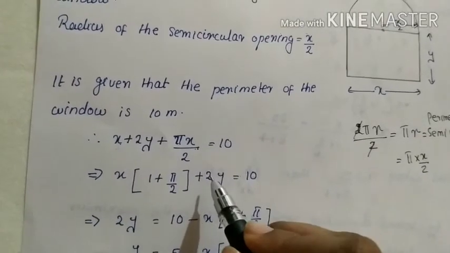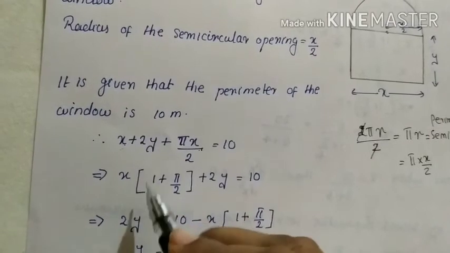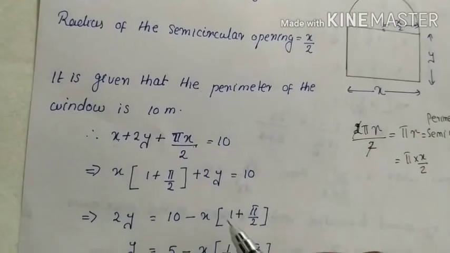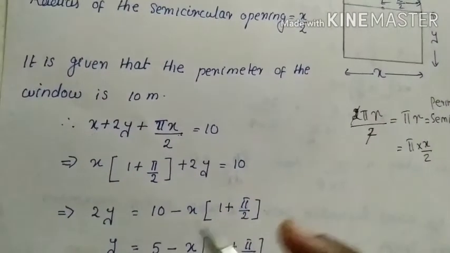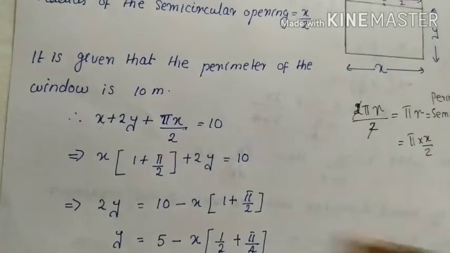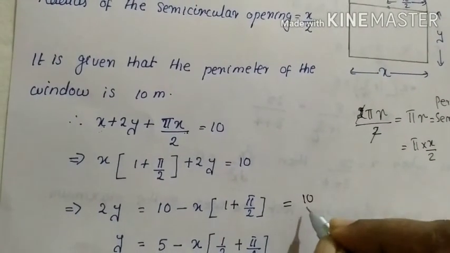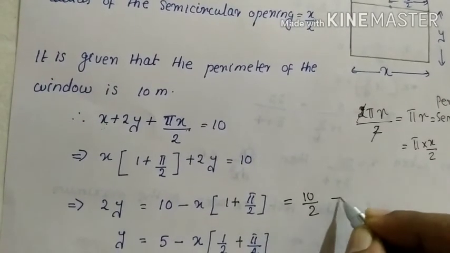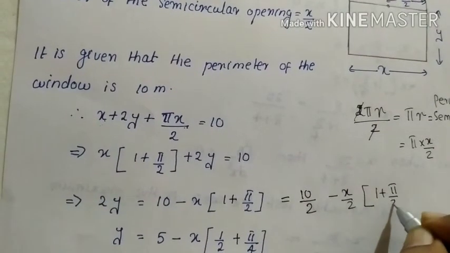From this, 2y equals 10, taking this whole term to the RHS, it becomes minus x into 1 plus pi by 2. Next, dividing throughout by 2, we get 10 by 2 minus x by 2 into 1 plus pi by 2.